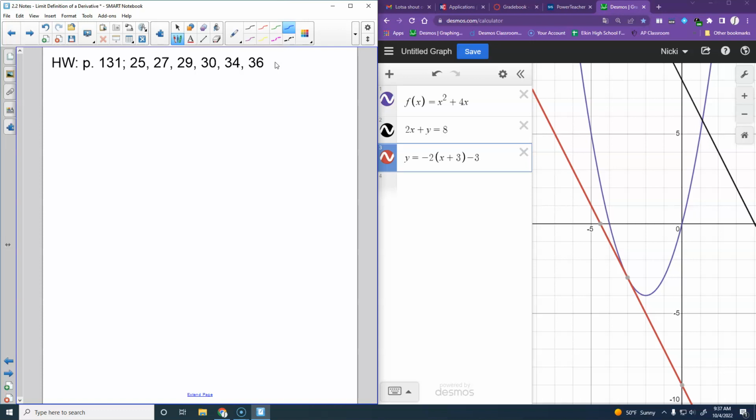On the first 4, you can use the limit definition at a point, or if you would rather, you can use the f of x plus h one that we did, but you will need to plug in your number if you do that. So, oh look, we finished with time for y'all to do your work.